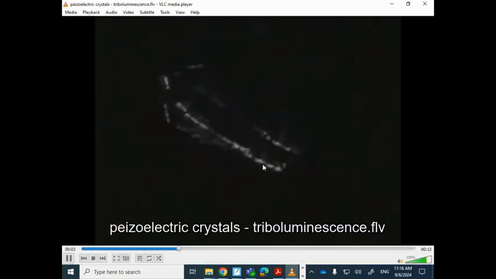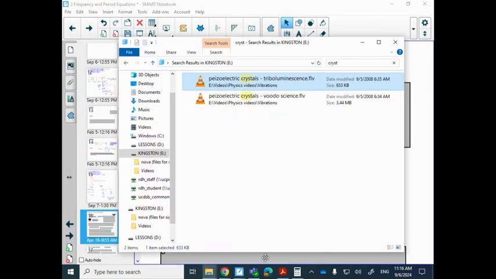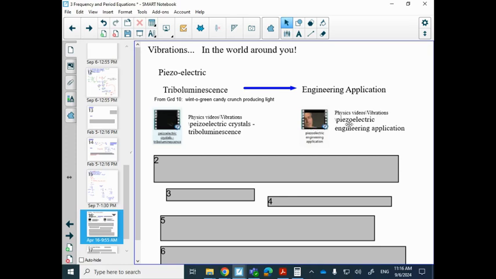That little flashing you're seeing, I'll turn the light on in a second so you see what's going on. There we go. Just two crystals that are being vibrated, really. The vibrations of that rubbing together, that's a vibration, and it actually produces electricity. There's an engineering application as well.